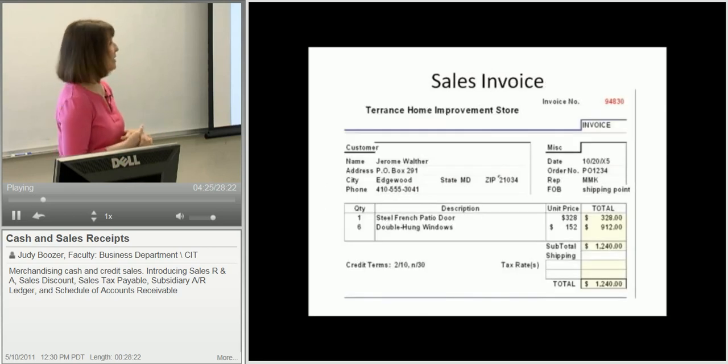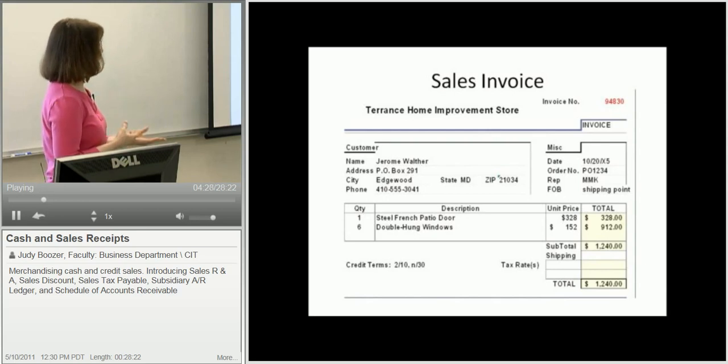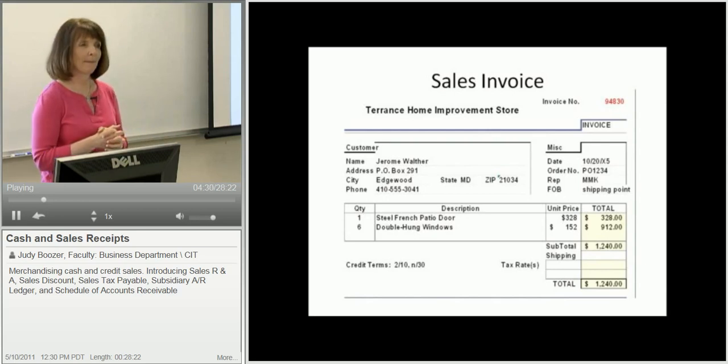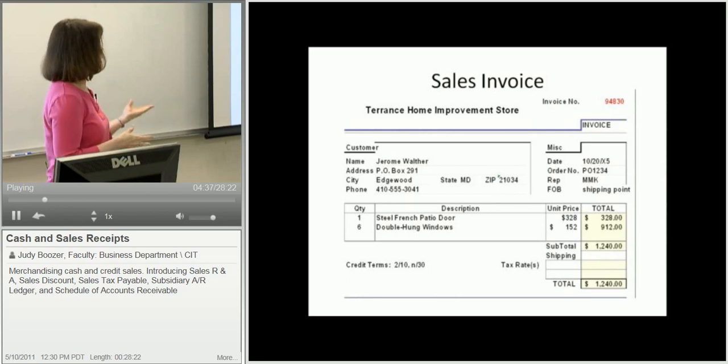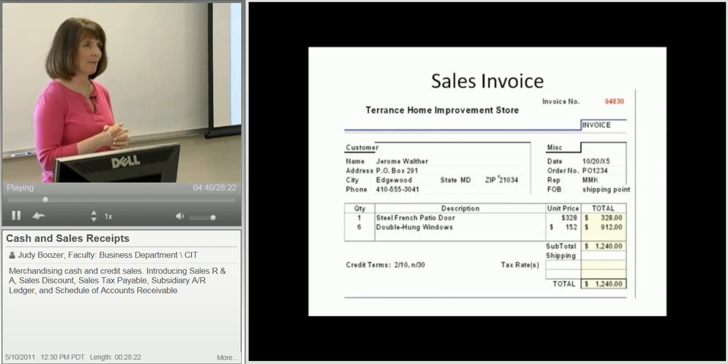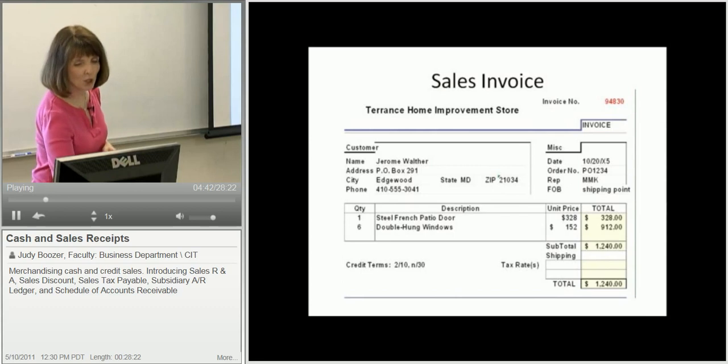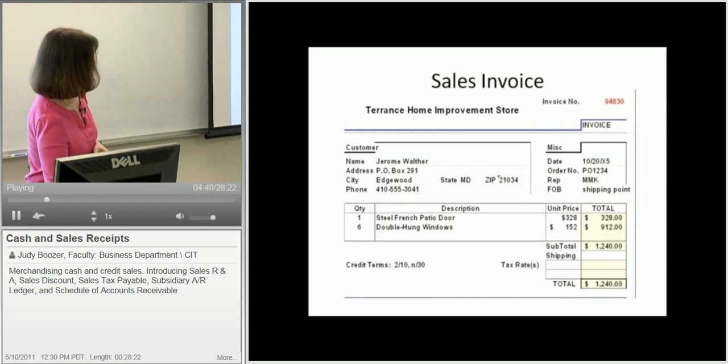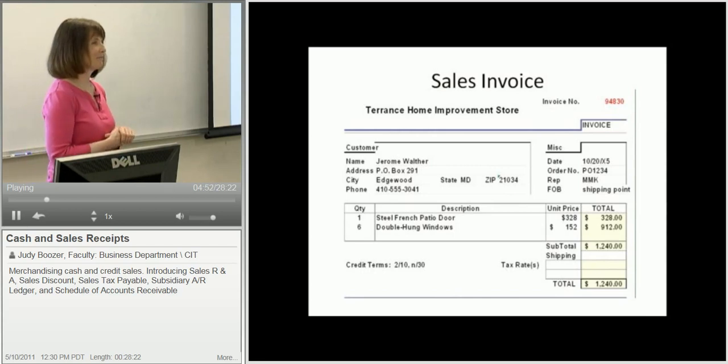Now, here's an example of a sales invoice. This would be a source document for a sale for your company, showing the product, the person, etc. There's some information on it, specifically right down here, that shows some credit terms. Those credit terms are something we're going to talk about here in a minute. So for right now, just take note of where they're at.